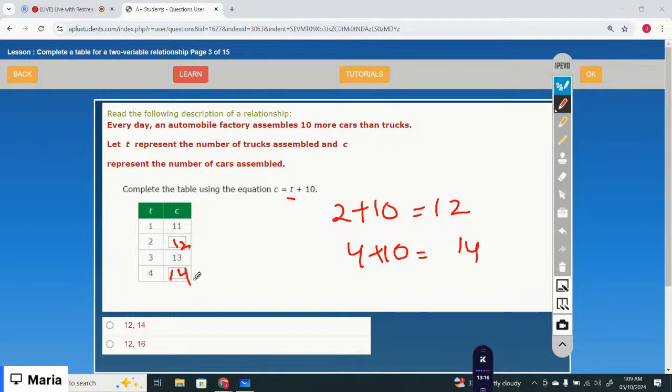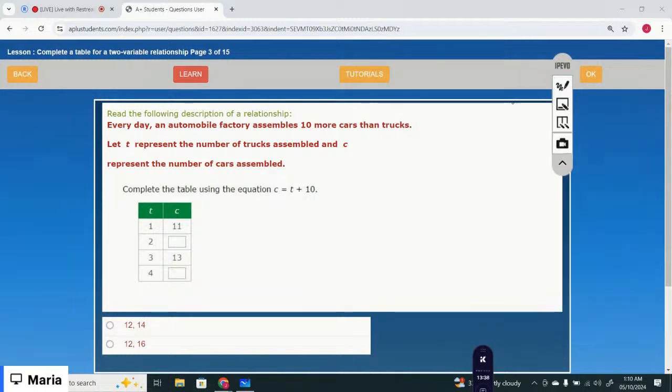The correct option is 14. So, option number 1 is the correct option, right? That is 12 and 14. These are the missing values. Option number 1 is the correct option.